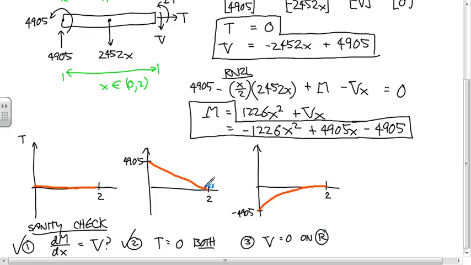So we have V equals 0 here. So that holds. And then what about the bending moment? Is there a point couple on either end? There's one on the left, but on the right, we should have that the bending moment is equal to 0. And that's what we have. So this answer makes sense.